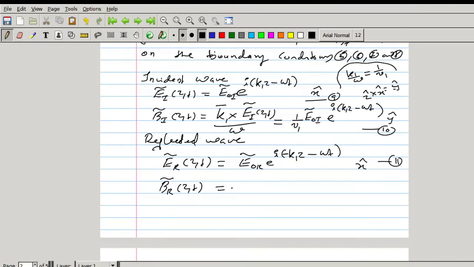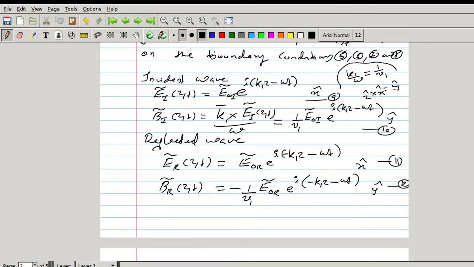The magnitude is K1 by omega, which is 1 by V1, but with a negative sign: minus 1 by V1 E0R e raised to i minus K1 z minus omega t y cap. So this wave will be along the minus y cap direction.